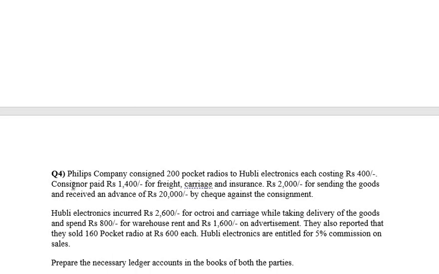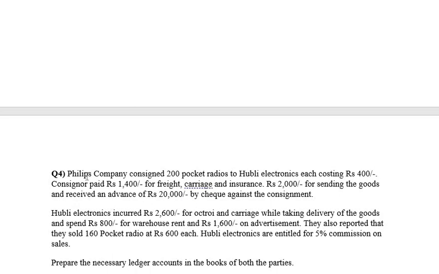Next, consignor paid. Consignor here means Philips company. Philips company, that is the consignor, paid rupees 1400 for freight and carriage, and rupees 2000 for insurance, for sending the goods, and received an advance of rupees 20,000 by check against the consignment.